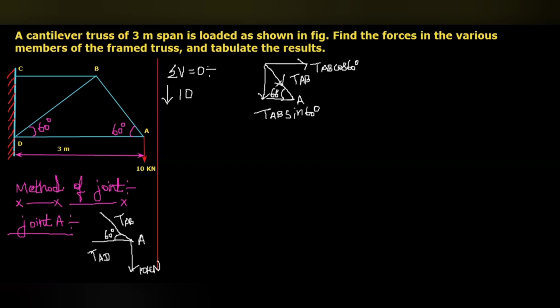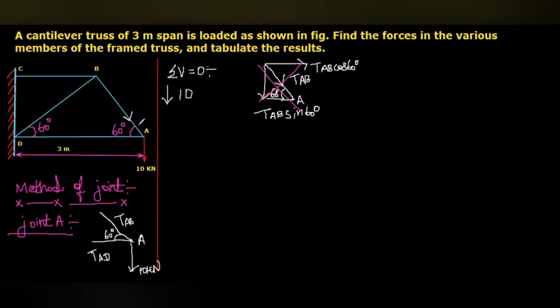But if you consider this TAB is acting inward to the joint A, then TAB sin 60, the vertical resolved component of TAB, will also act exactly downward, so that cannot cancel that 10 kilonewton. So this possibility is wrong. It cannot act in the fourth quadrant.